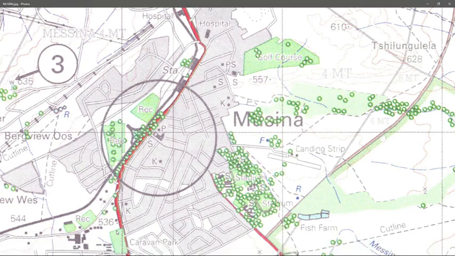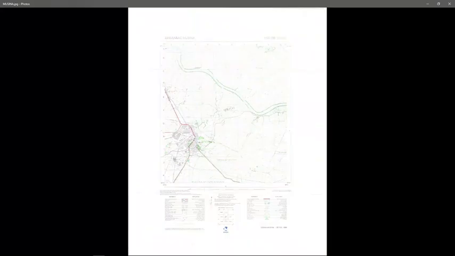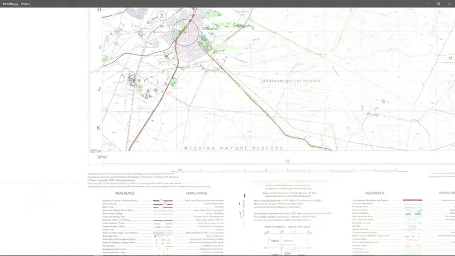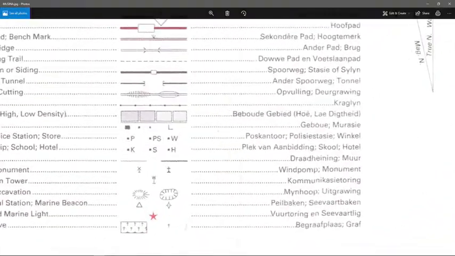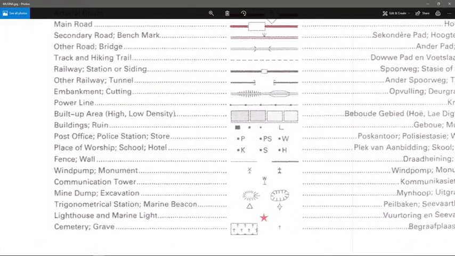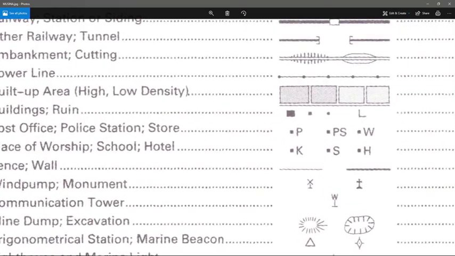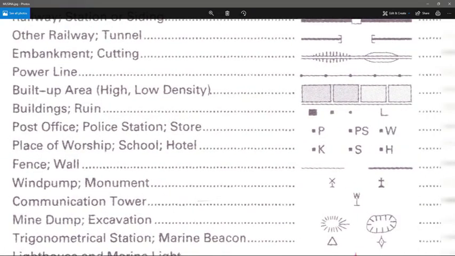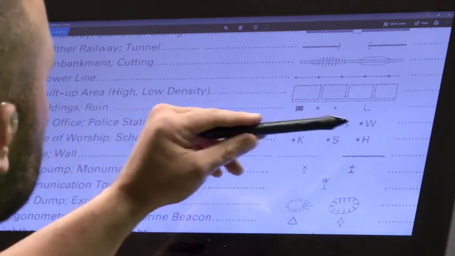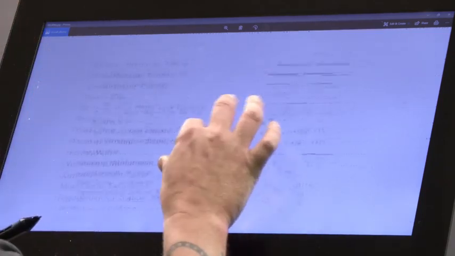Look at the S, the K, the P. If you don't know what they stand for, go down to your references and it will be indicated down there. Post office is only a P, police station is a PS, and a store and a shop is like a W. It's a winkel in Afrikaans. Place of worship is a church, S is a school, and H stands for hotel.